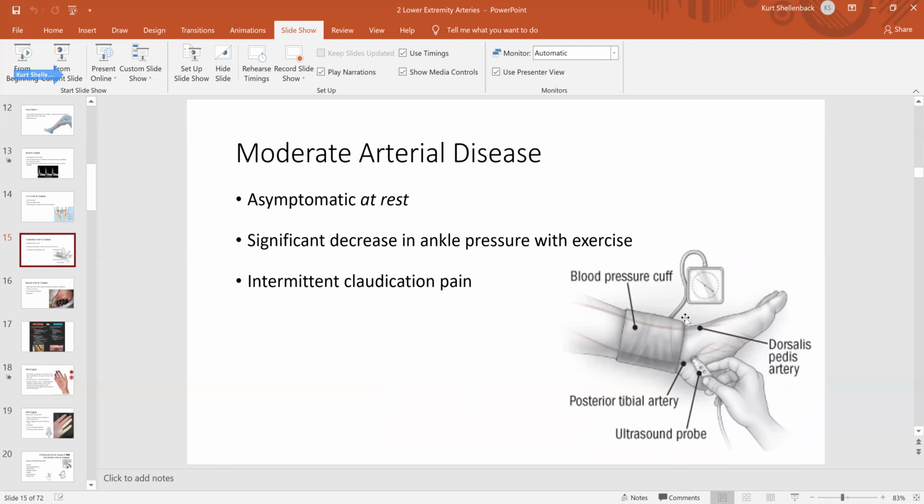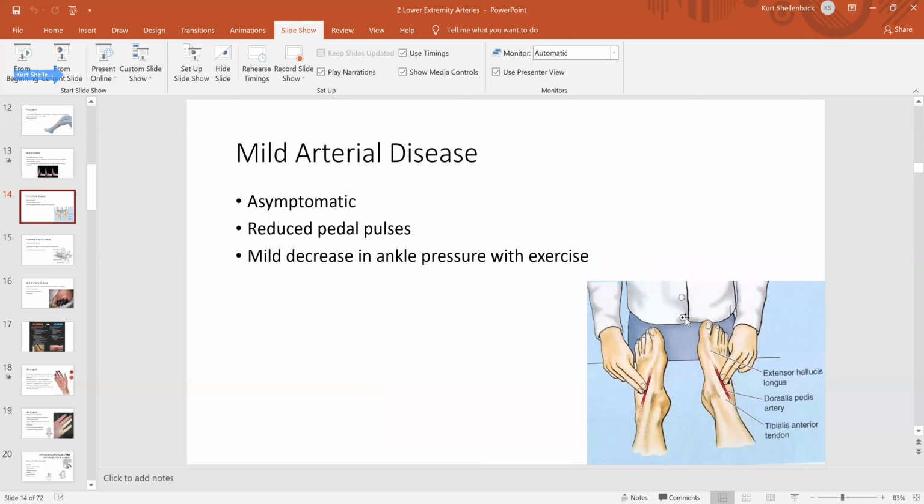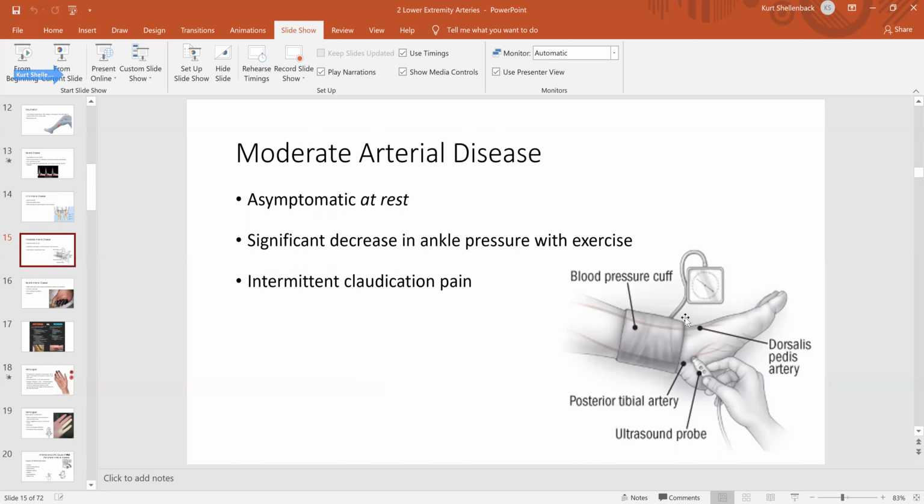Continue with moderate arterial disease: asymptomatic at rest, significant decrease in ankle pressure with exercise.